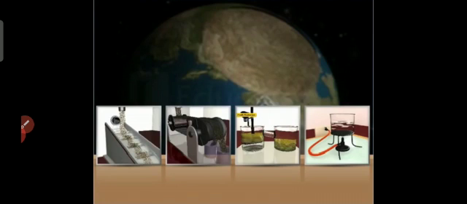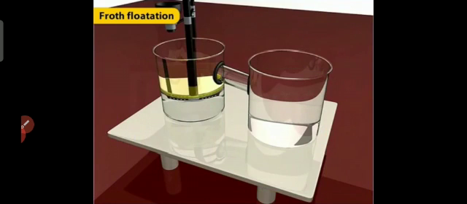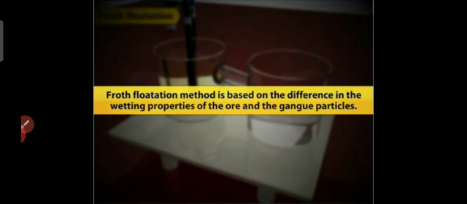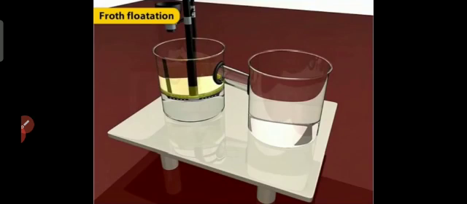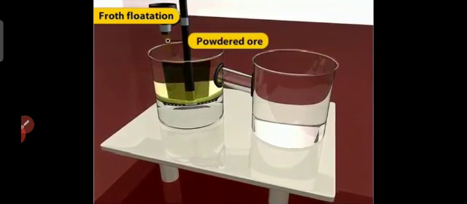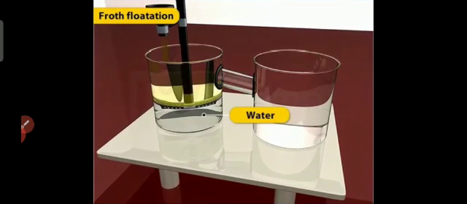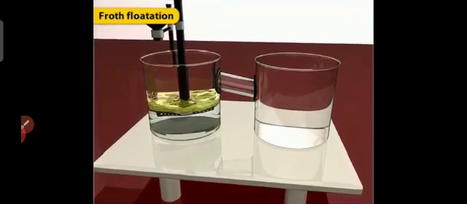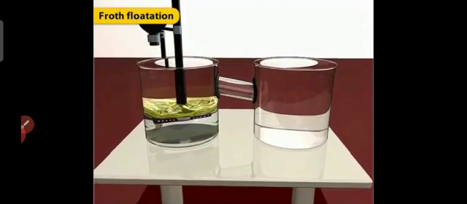The third one is the froth flotation method. The froth flotation method is based on the difference in the wetting properties of the ore. Here the powdered ore is poured in the water, and oil is also there.